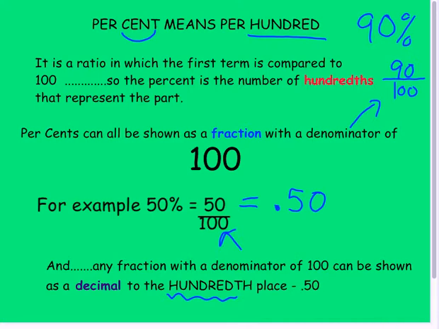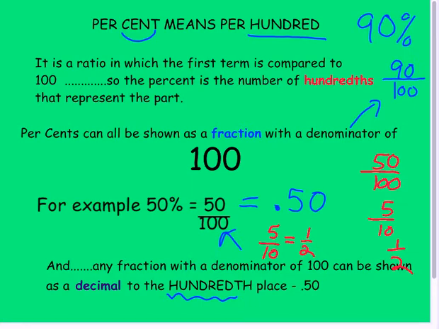We all know from our lessons on fractions and simplifying in lowest terms, 50/100ths can also be shown as 5/10ths or 1/2 in lowest terms, and the decimal can be shown as 50 over 100, 5 over 10, or 1/2.